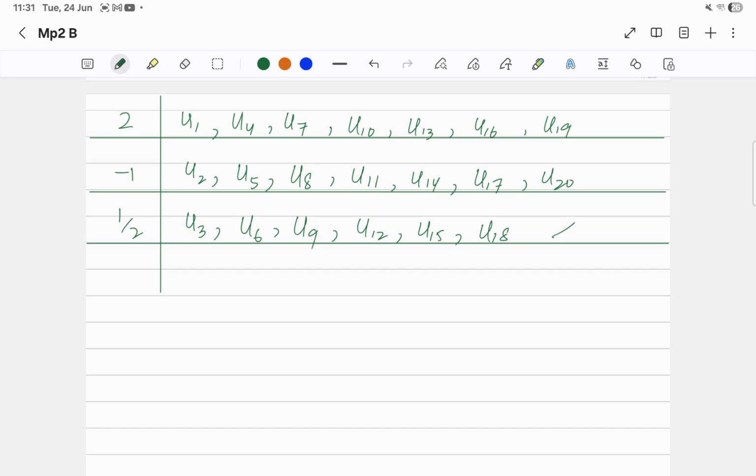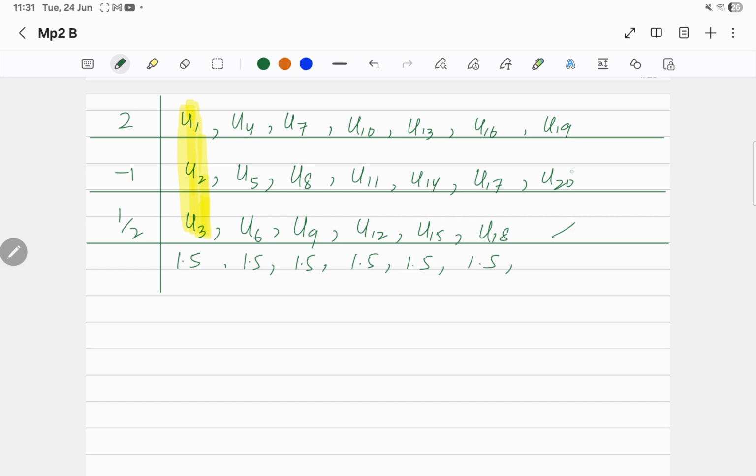Okay, so if you add these first 3 terms, the sum of these 3 terms should be 2 minus 1 is 1, and 1 plus half is 1.5. So again the sum of each group of 3 will be 1.5.